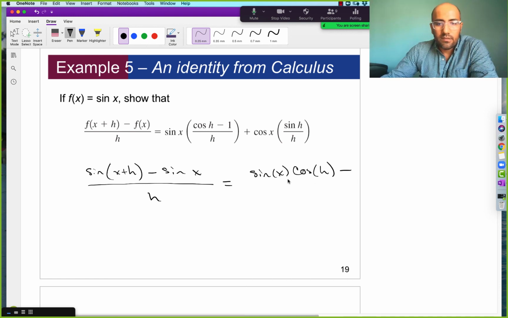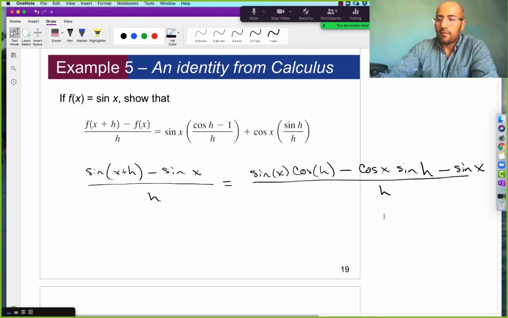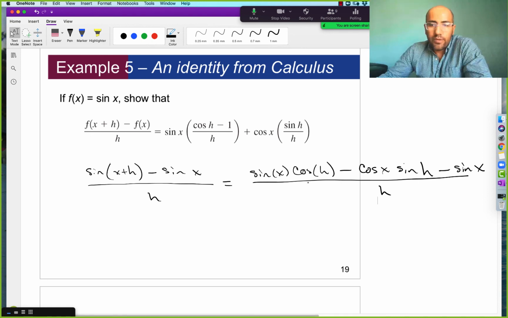So it's going to be sine of x and then cosine x sine h minus sine x all over h. Good. Questions? Good. Okay, so I'm going to bring together this one and factor out the sine.